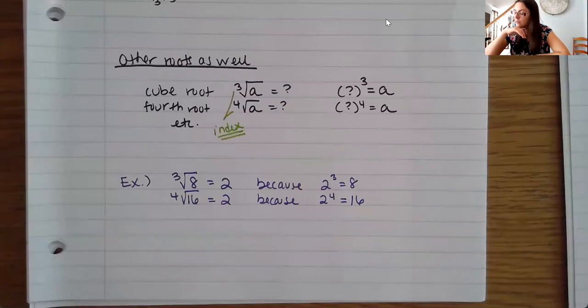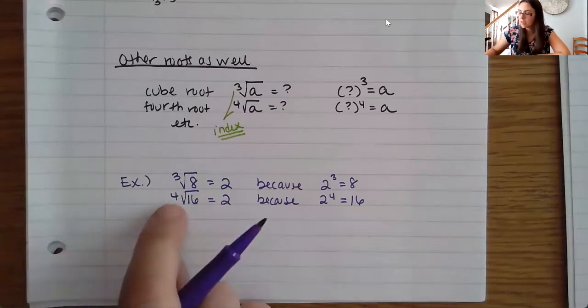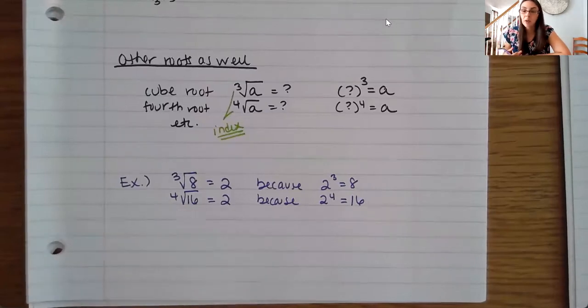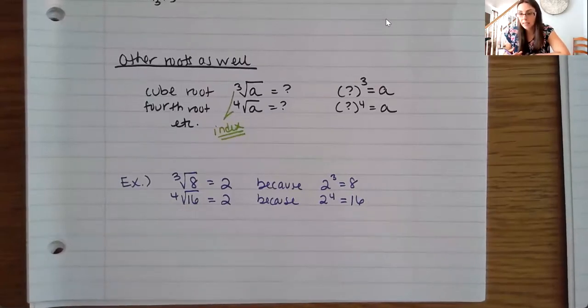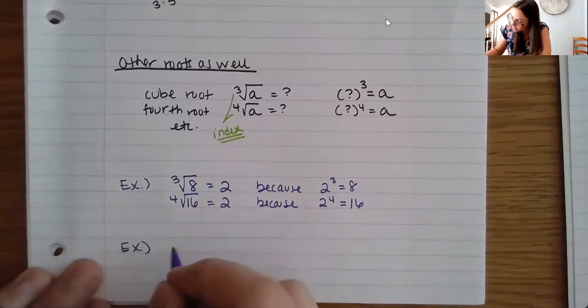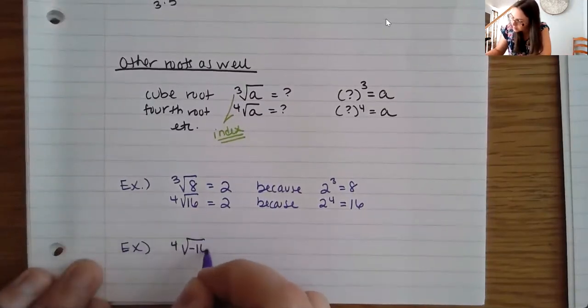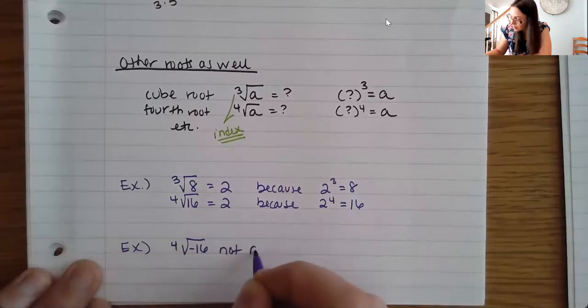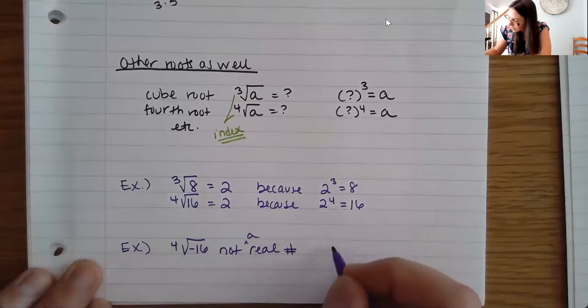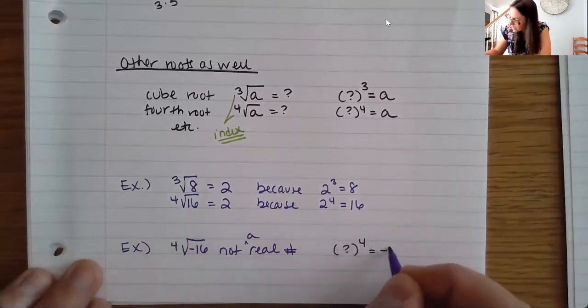I will say as well that if you have an even index, just like with the square root, you cannot have any negatives inside, but you could with an odd index. So for instance, the fourth root of negative 16 is not a real number because there is no number to the fourth power that would give you a negative.